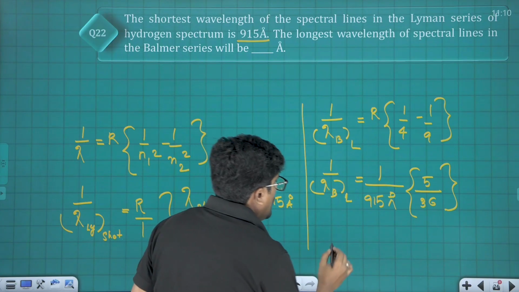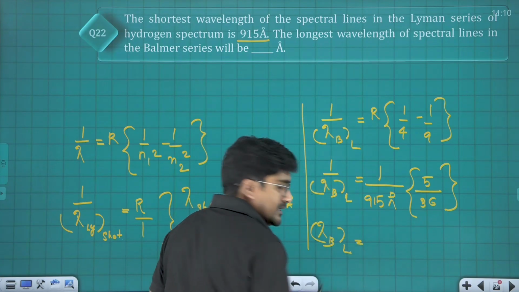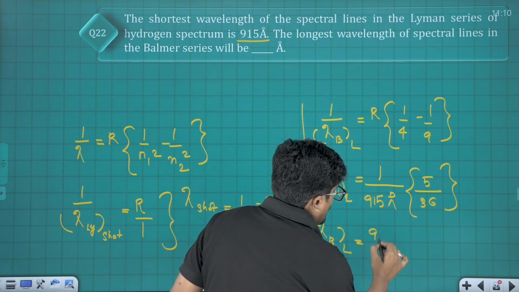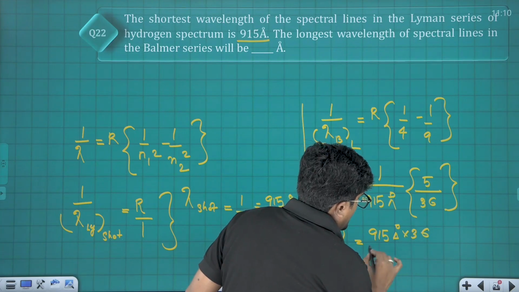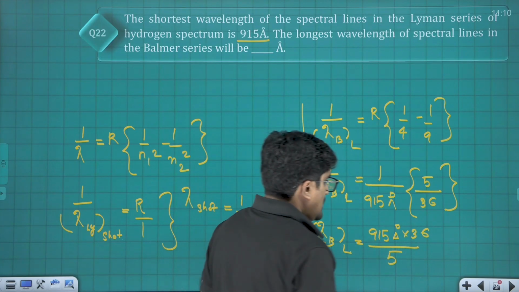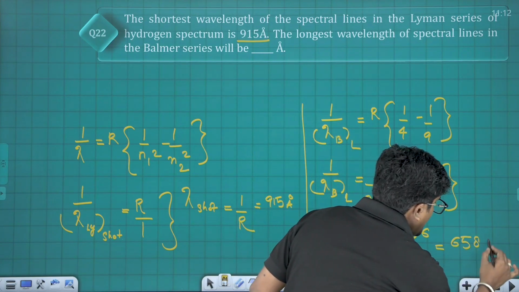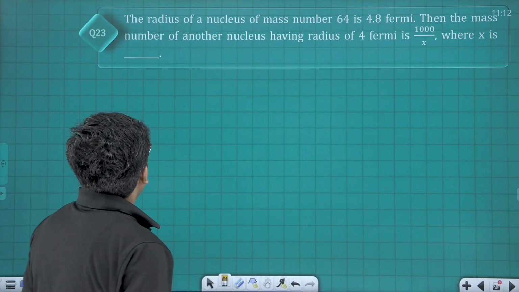Now for the longest wavelength in Balmer series, it is going to be 915 angstrom into 36 all divided by 5. So you will get this as 6588 angstrom.